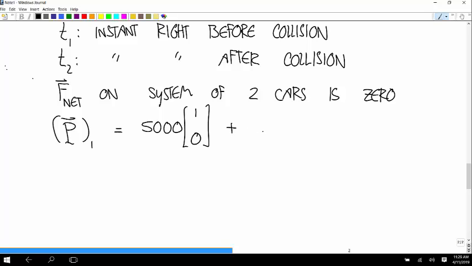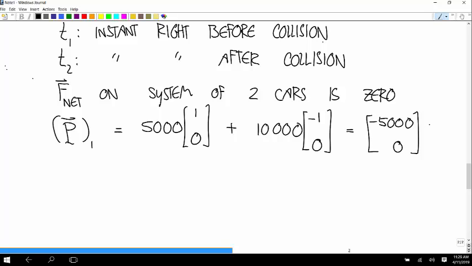And the second car has a mass of 10,000 kilograms and a velocity of negative 1, 0. Stop me if you have questions. And so if you add those up in the x direction, you have 5,000 minus 10,000, so minus 5,000, 0 kilogram meters per second.